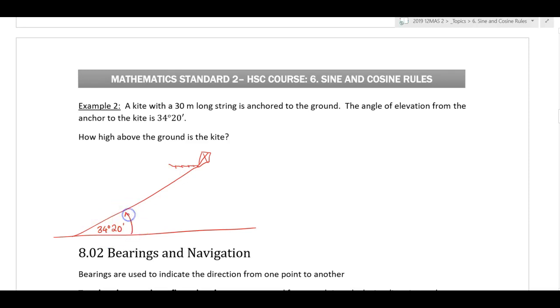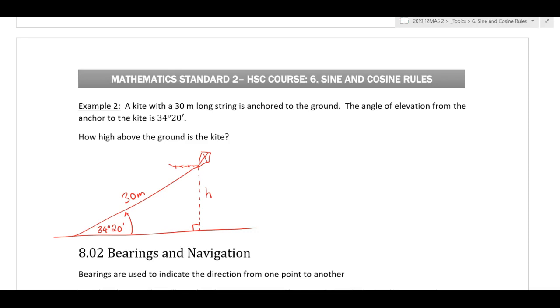Now, your diagram needs to be big enough to label these things accurately. I know that this is 30 metres, and this H is what I want to find. That's what your diagram needs to look like. It needs to be at least that big. A good big diagram and vaguely to scale.